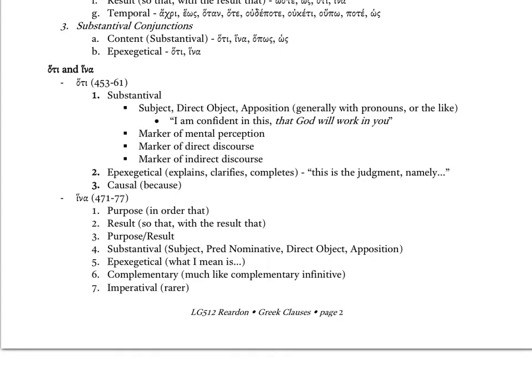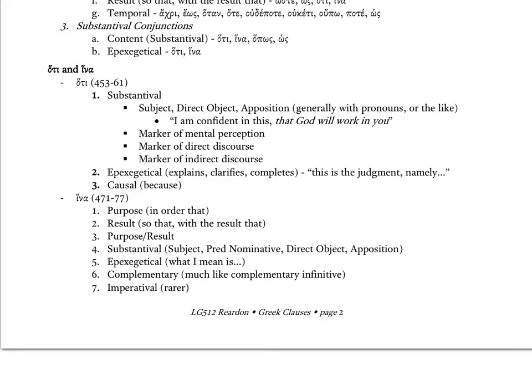Hina, as we note, is most often used, though not totally used, with the subjunctive. In Koine Greek, it's continually more and more used with the subjunctive, though in classical Greek there was a lot more nuance, so that uses of the hina could do things like express certain moods with the indicative that you wouldn't get with the subjunctive. That's falling out of favor with Koine Greek because it's just too complex.